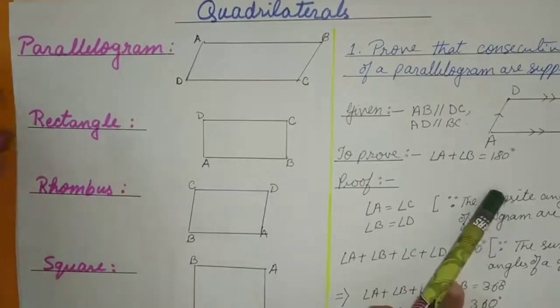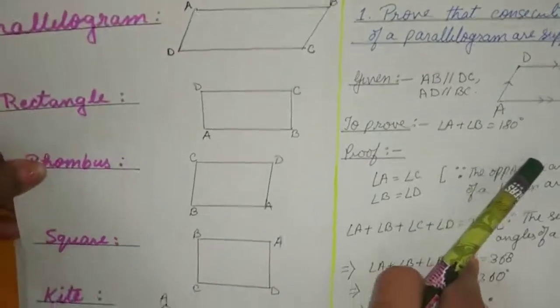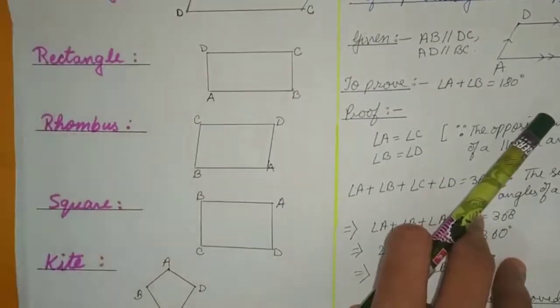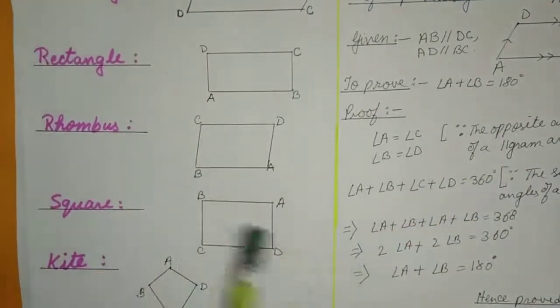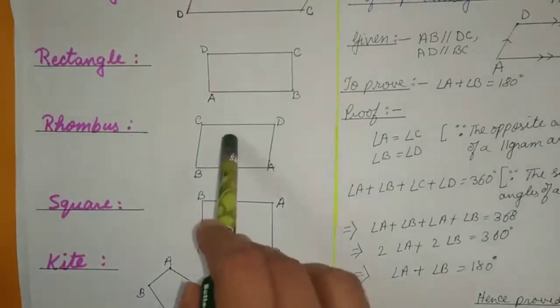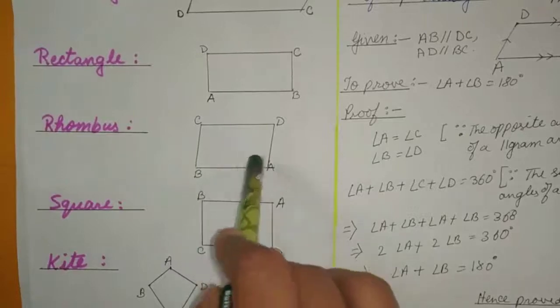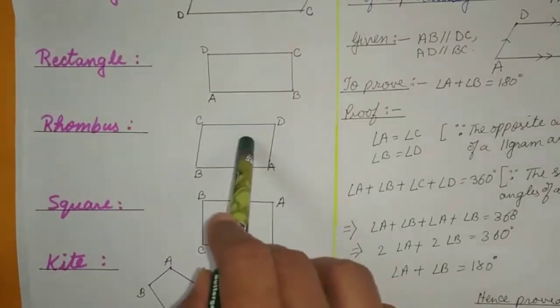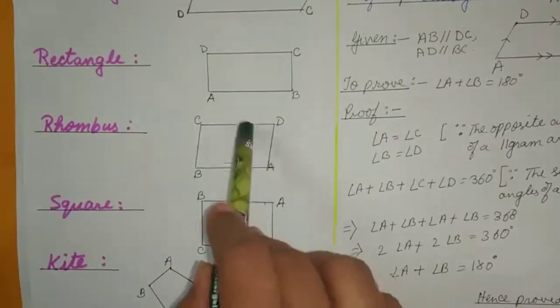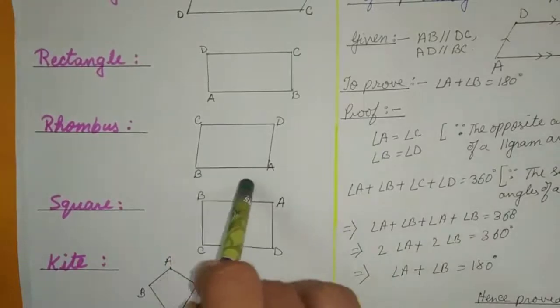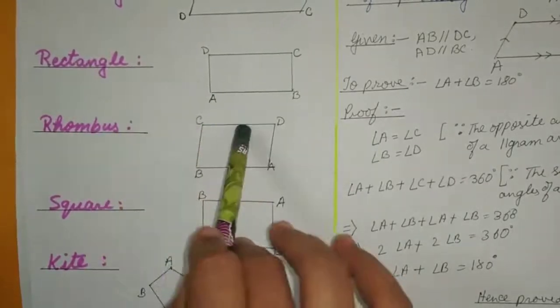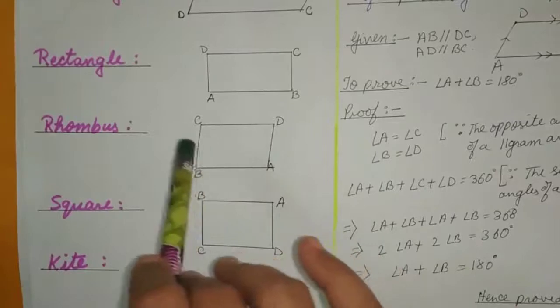Then the next figure that I have drawn for you is a rhombus. In a rhombus, all the sides are equal: AB, BC, CD, DA are all equal.